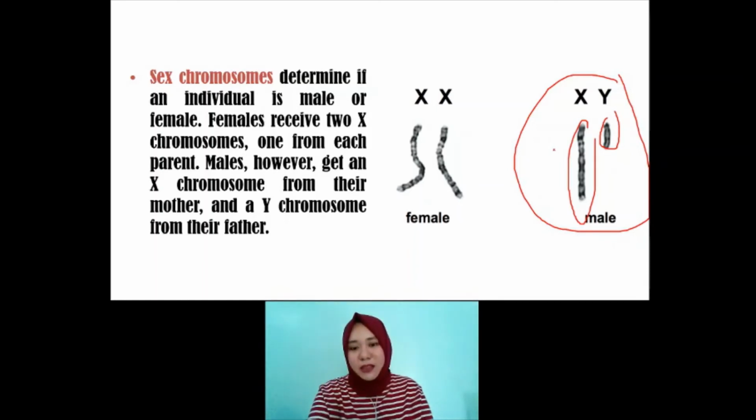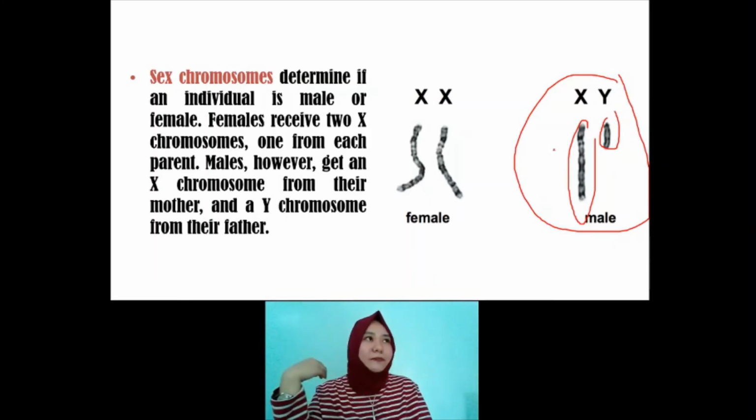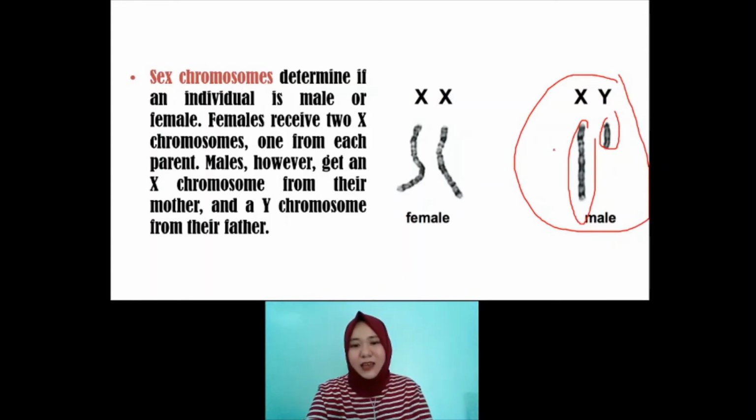Whereas sa female, since there are two X chromosomes man, kailangan both of them should have the gene. Kailangan homozygous gibali siya. Okay? If only one X chromosome is affected with the gene, it will not express the phenotype. It will not express color blindness. Kailangan both of the X chromosomes should have the gene. Okay?